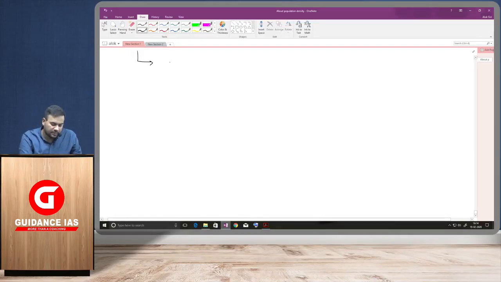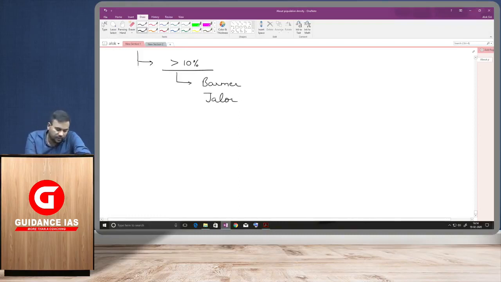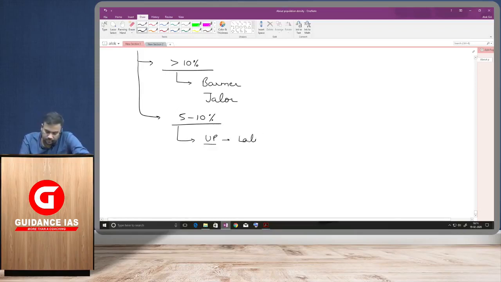So the districts where it is above 10%: only 2 districts were present, and both of them were in Rajasthan, Barmer and Jalore. Then if you talk about 5 to 10%, a number of areas were there. For example, in Uttar Pradesh, there was Lalitpur.